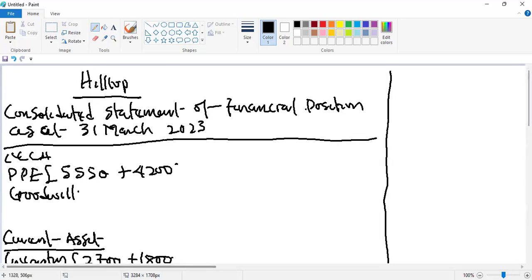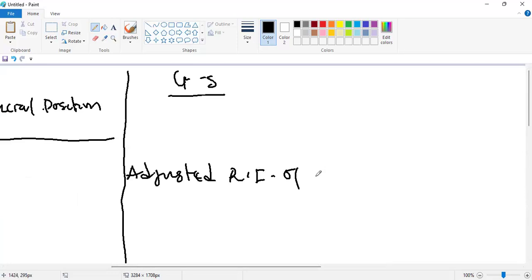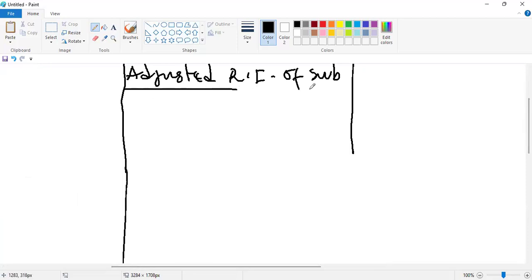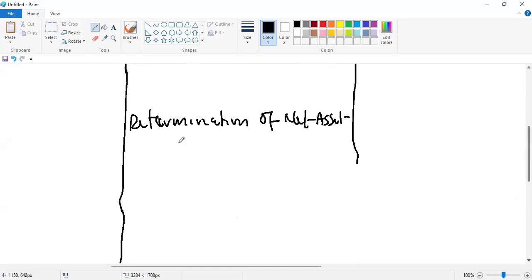Adjusted in subsidiary. Determination of net assets as per SFP, subsidiary.